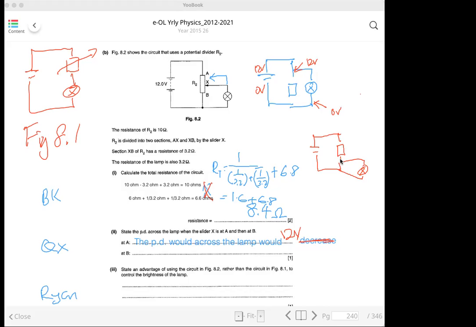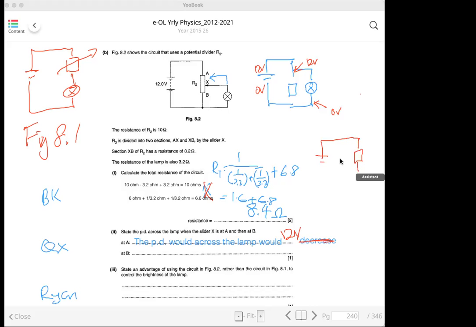So you all know that this is 12 volt, this is 0 volt. Sorry, I draw again.